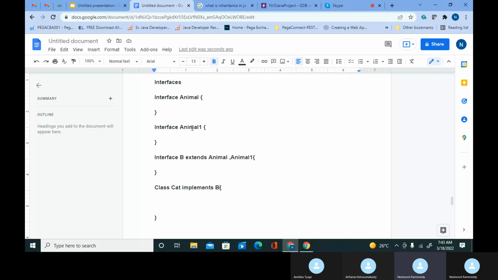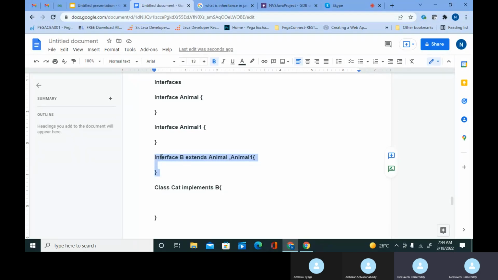Don't forget, inside each interface we have properties and methods. Here also we have different kinds of methods and properties. These are all properties and methods that we are going to override or do something with in my interface B. These two functionalities, two properties, we are going to make into one single unit.